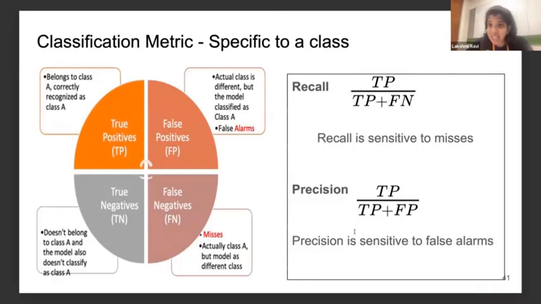So the next thing is you will always start with the recall and precision. So what is recall and what is precision? As we know, there are two classes, let's say positive and negative. There are true positives, meaning the positive samples which have been identified right by the model, and the false positives, meaning that it is actually a different class, a negative class, but is being identified as positive, which is also known as false alarms.